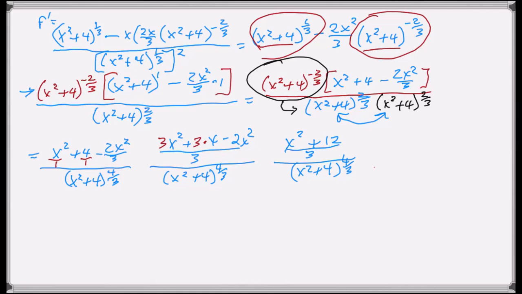Lastly, if I did a keep change flip kind of thing, this 3 would come down here, which means I'd have x squared plus 12 over 3 times x squared plus 4 to the 4/3.